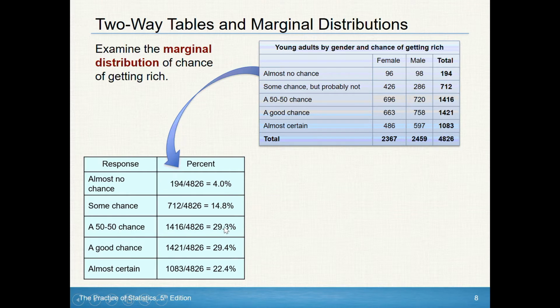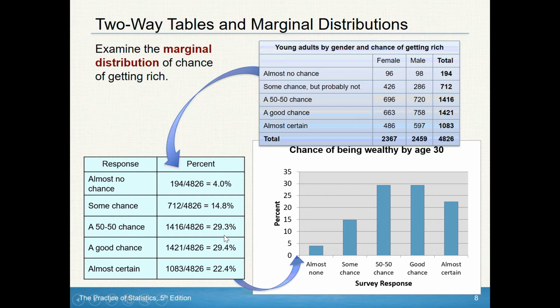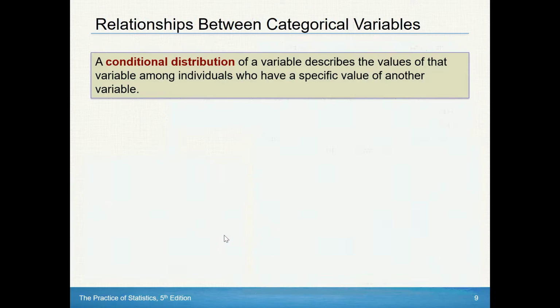These should add up to 100%, by the way. And then once we have those percentages, we just put them into a bar graph. Nice and easy to see, and it gives us a little more visual understanding of the relationship for that variable. We could also have done a marginal distribution for gender. It doesn't necessarily make much sense in this case, but we could have done the same thing.